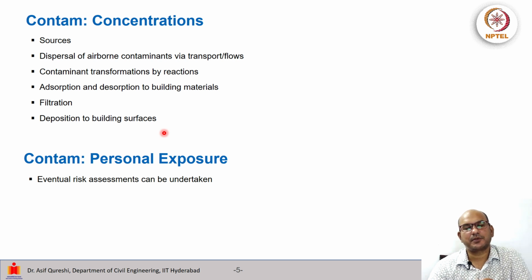Then it is also possible to make some kind of exposure analysis, which may help us in the eventual risk assessment, which is also one goal of having an indoor air quality guideline, for no or low risk. And when we have the data from Contam, it is possible to do that.